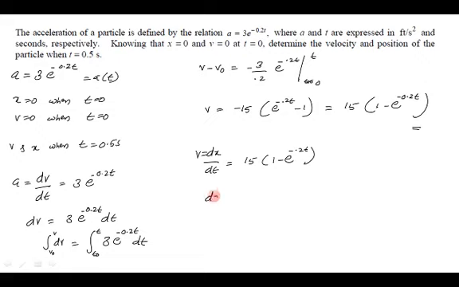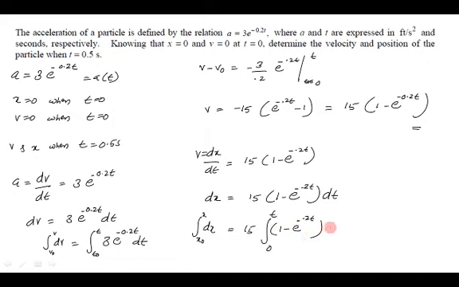So rewriting, dx = 15 into (1 minus e to the power minus 0.2t) dt. So we integrate in the limits x0 to x for dx, and the same here, 15 times the integral between the limits t0 to t, where t0 is 0, of (1 minus e to the power minus 0.2t) dt.